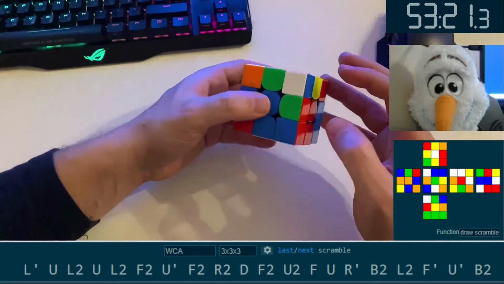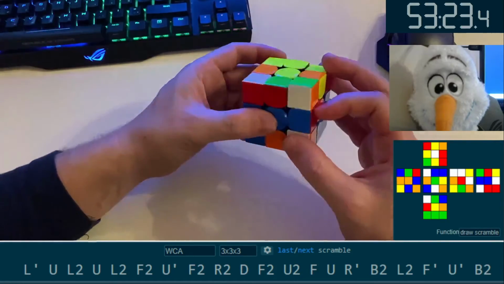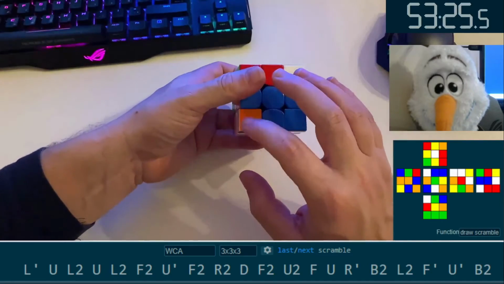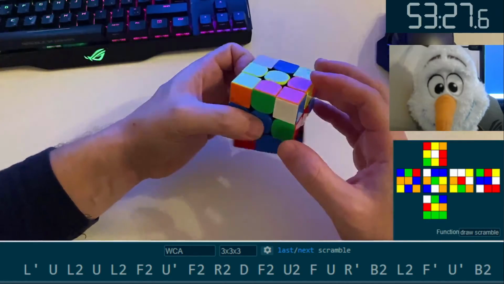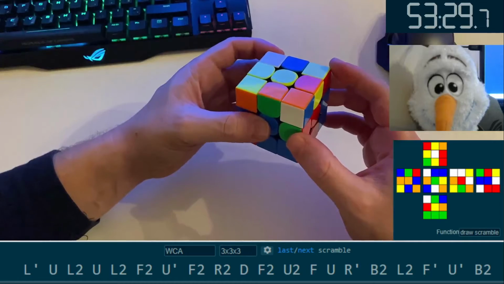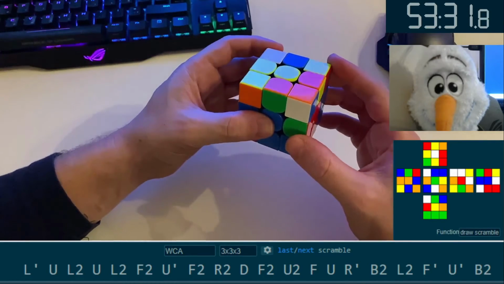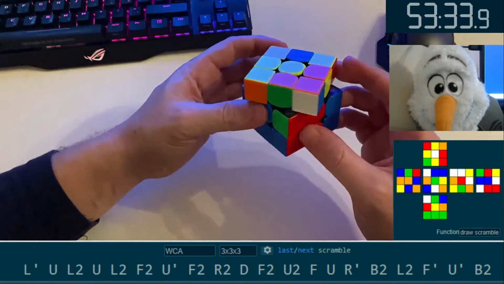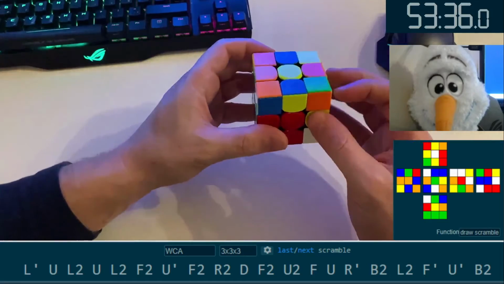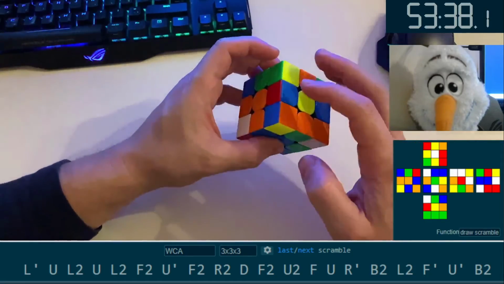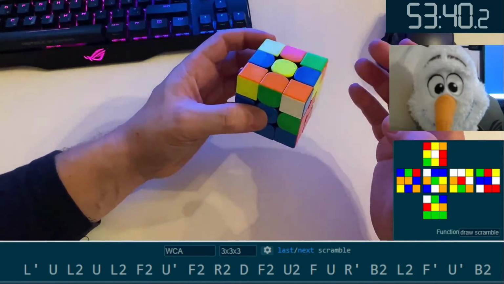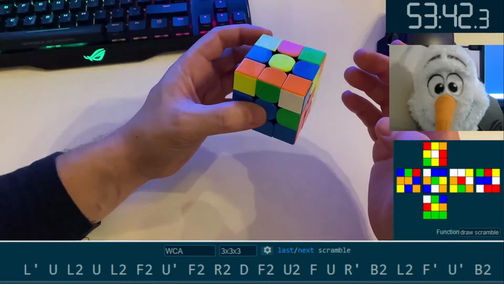Okay, if I insert it like this, that would not solve this corner. So I need to insert it like this, but that will flip this corner, so I'm a bit confused.